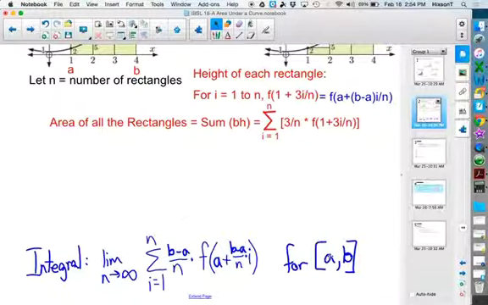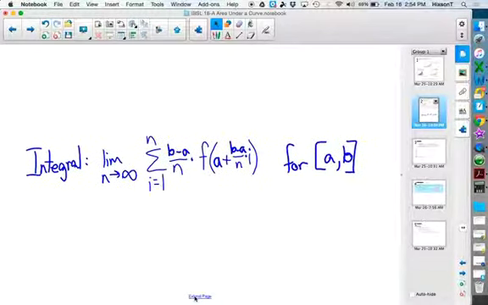If we're going across an interval from a to b, we're taking the limit as the number of rectangles approaches infinity. We're taking the sum from I equals 1 to n of b minus a over n, that's the width, or the base, times the height, f of a plus b minus a over n times I, and that's for the interval from a to b.